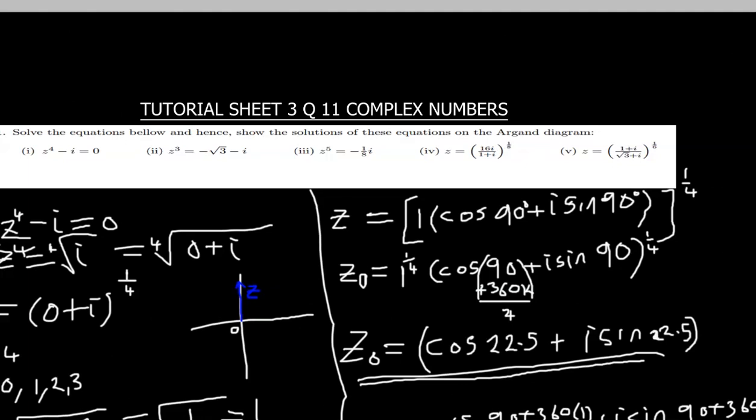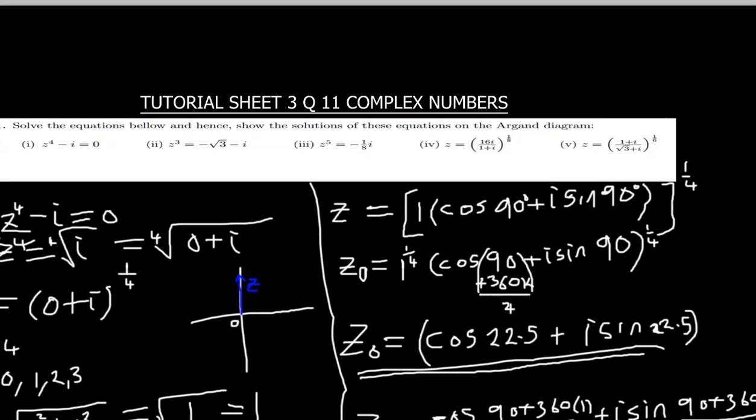Question 2. Z to the power 3 is equal to negative root 3 minus i.